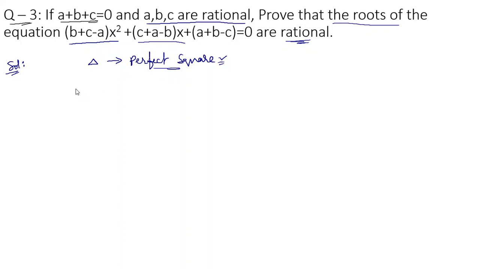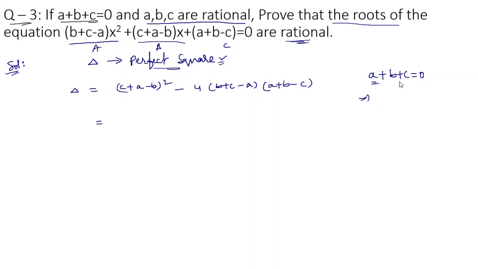So what is delta in our question? Delta is (c plus a minus b) whole square. So this is b, this is a, this is c. b square minus 4ac, where a is b plus c minus a, and c is a plus b minus c. But it is given that a plus b plus c is equal to 0.